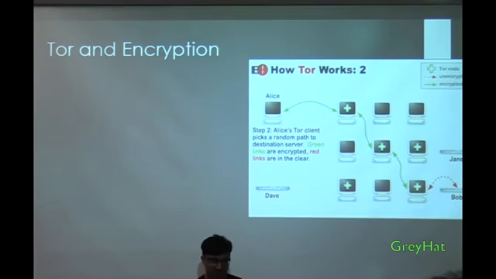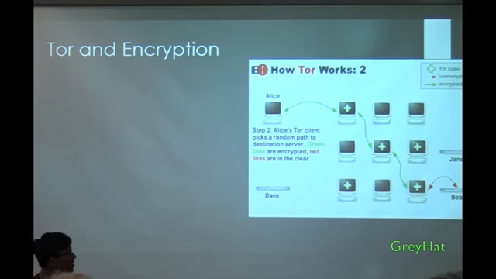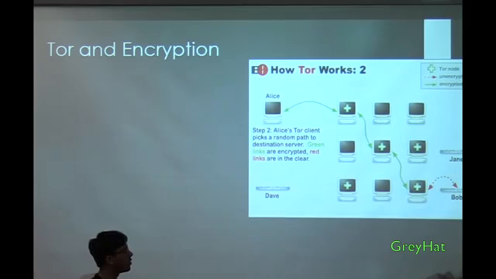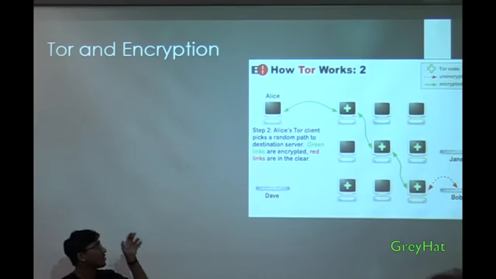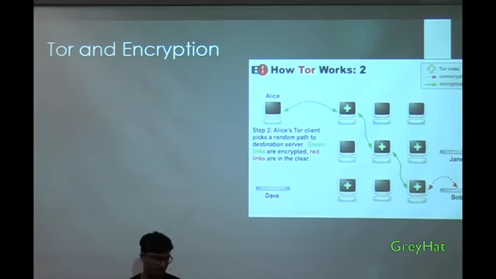Also, I just wanted to mention that every one of your links is going to actually be encrypted. So let's say I'm Alice and I'm sending data through the Tor network to Bob's server. Well, my client is going to encrypt my traffic to the first hop, and then that traffic is encrypted before it goes to the next hop, and then that traffic is still encrypted when it goes to the third hop.